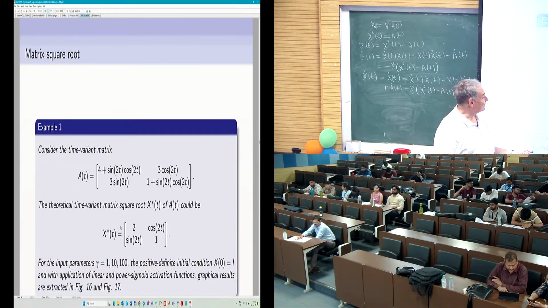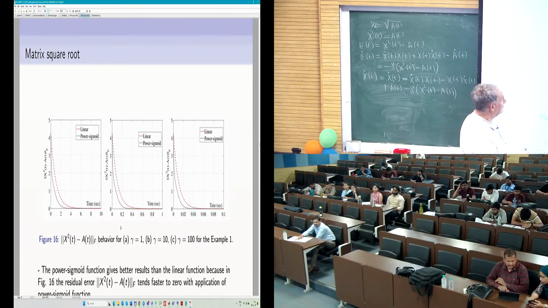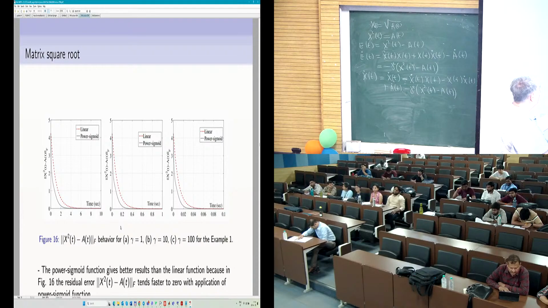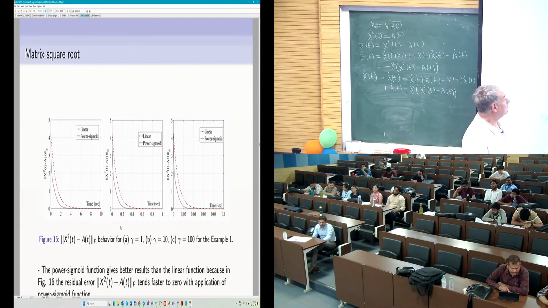Here is one example with a time varying matrix, exact solution as exact square root, a numerical experiment which compares linear and power sigmoid activation models. The blue graph is aimed at a nonlinear model with power sigmoid.